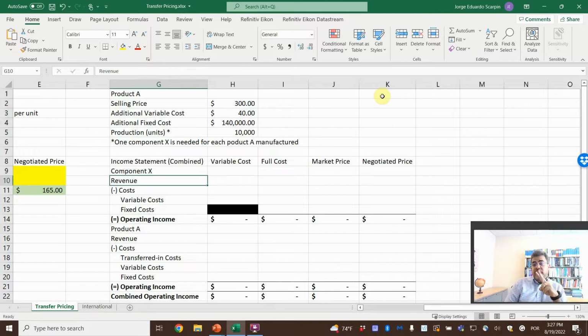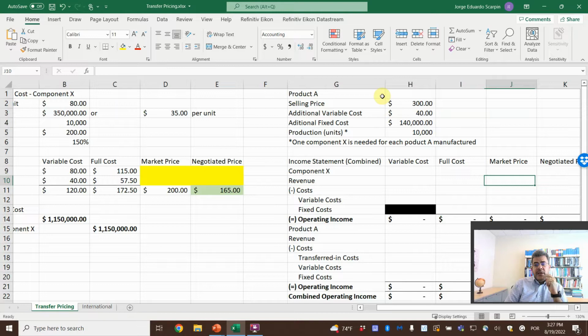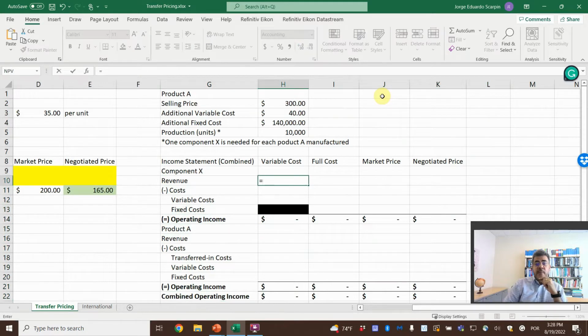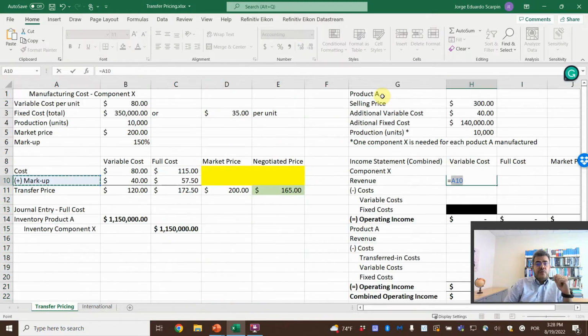So here we have two income statements, one for the component X, one for product A, and then we will combine the operating income later. So, okay, how much will be the revenue? So revenue will be, and then here we have all of the four methods, variable cost, full cost, market, and negotiated, that is, over there. Or over there here, if we, my camera is on mirror, so over there.